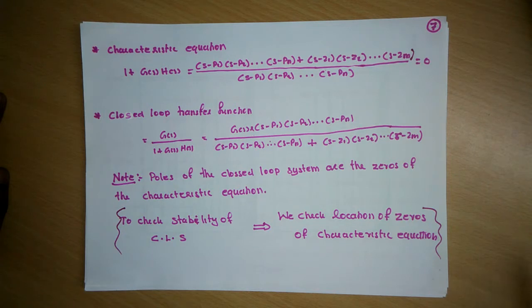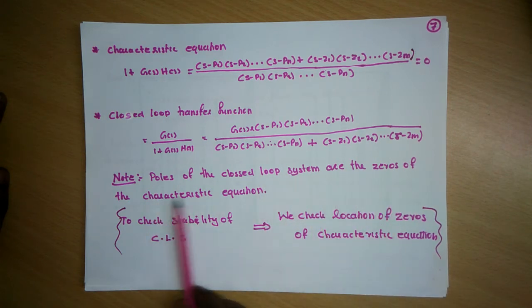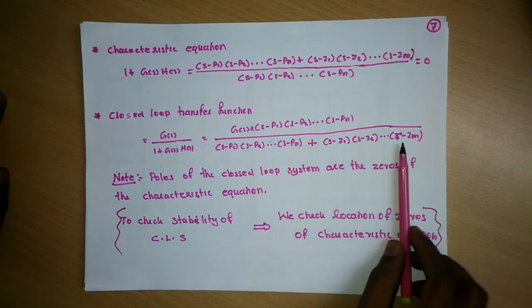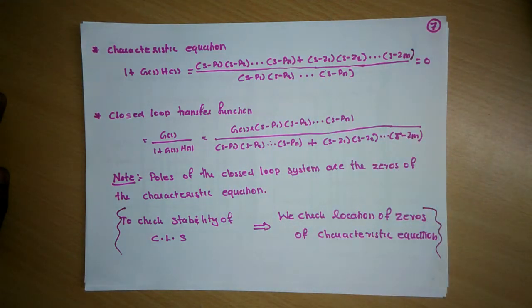So I have a conclusion over here. Poles of the closed loop system are the zeros of the characteristic equation. That is a very important conclusion for the Nyquist stability criterion. Why it is important is that for examining the stability of a closed loop transfer function, I need to look into the location of the poles.